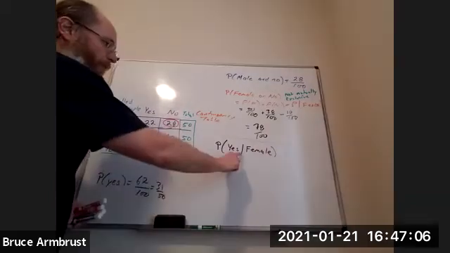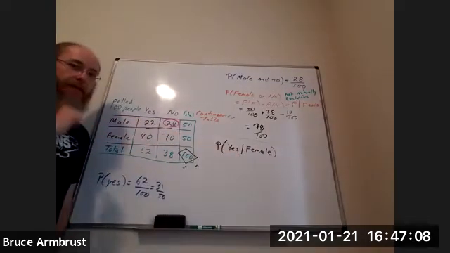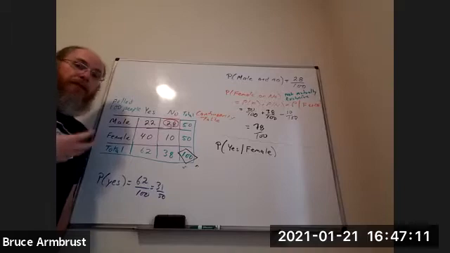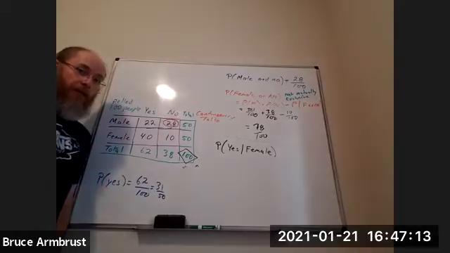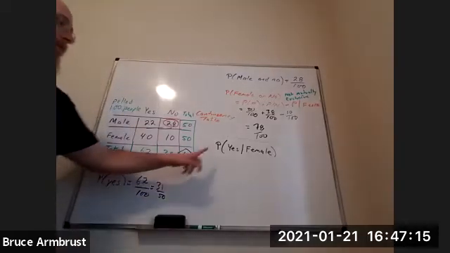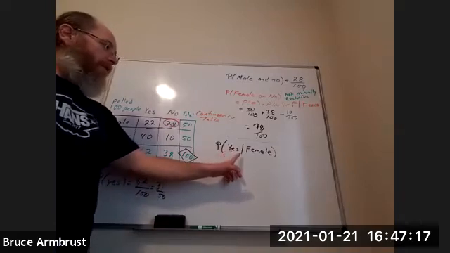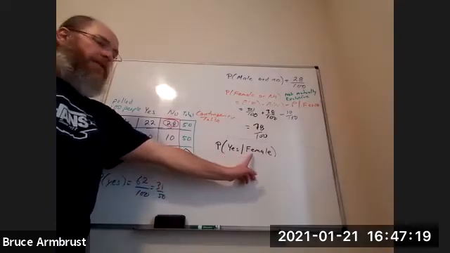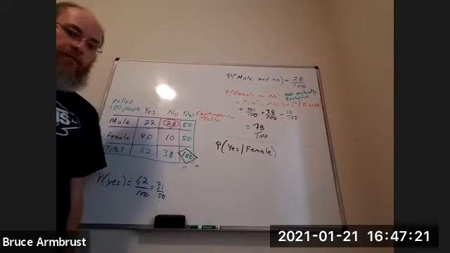So again, remember what that vertical bar means. This is saying it's a conditional probability. All right, so what's the probability that a person said yes, given that that person is female?